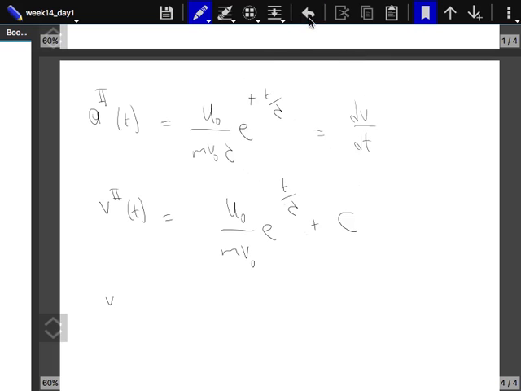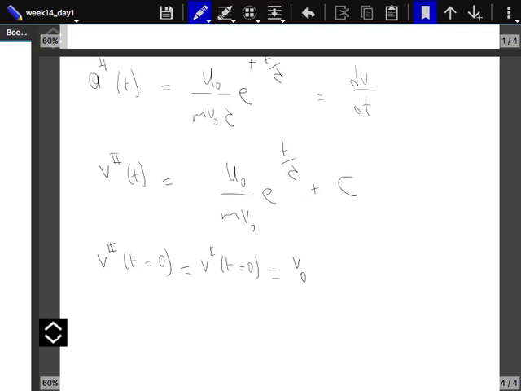Okay, so I have some initial conditions. The velocity should be continuous. So the velocity in region 2 at the time t equal to 0, right after it crosses the first boundary, should be equal to the velocity in region 1 at t equal to 0, just before it crosses the boundary. But the velocity before it encounters the first boundary, we had defined it to be v0.